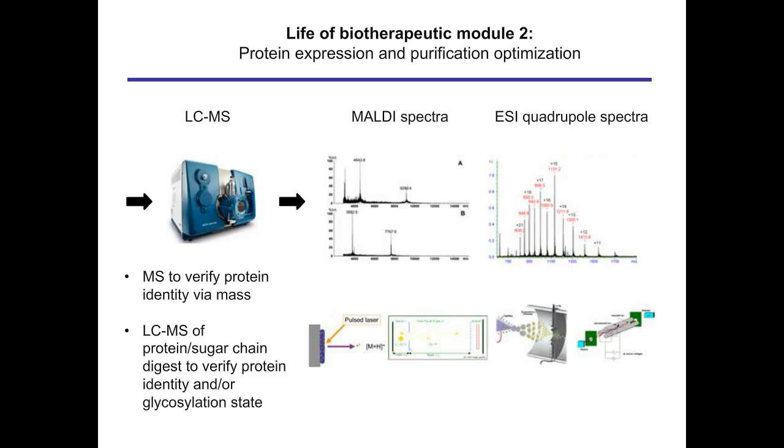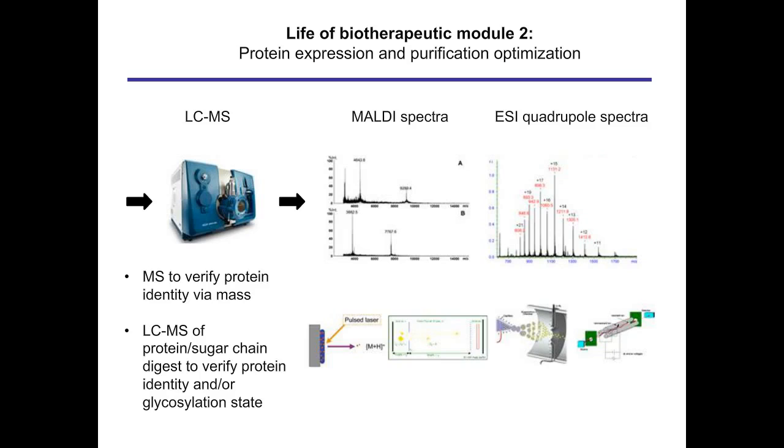And then one can, especially if you have multiple quadrupoles connected in tandem, fragment the peptides along the amide backbone and then read out the amino acid content of the peptides, like I show in the ESI quadrupole spectra at the top right, where the distance between each of the peaks is typically a function of the peptides that are fragmented along the backbone.